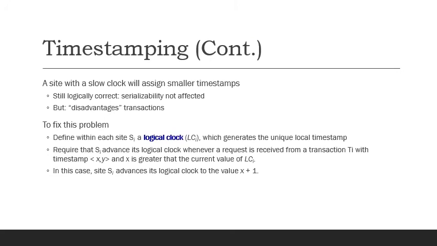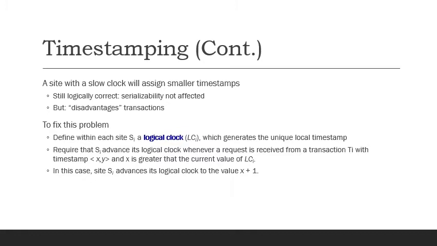A site with a slow clock will assign smaller timestamps, but it's still logically correct and serializability is not affected. But there are disadvantages for transactions from such sites. To fix these problems, what we need is a mechanism to ensure that local timestamps are generated fairly across the system.